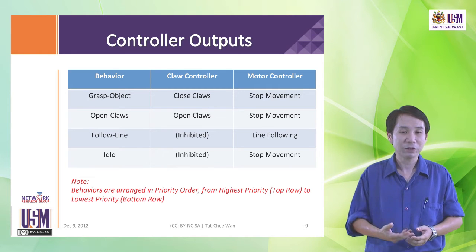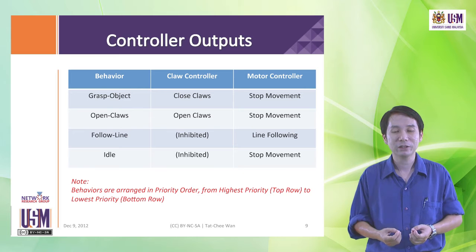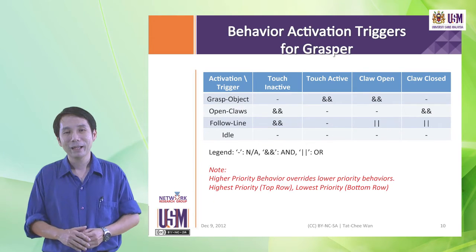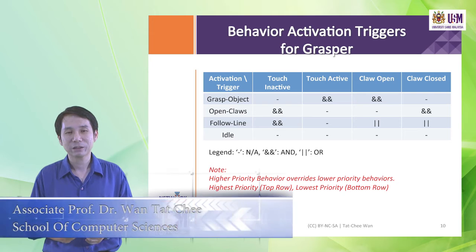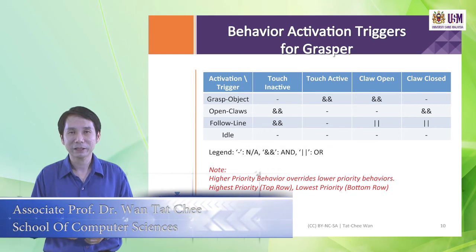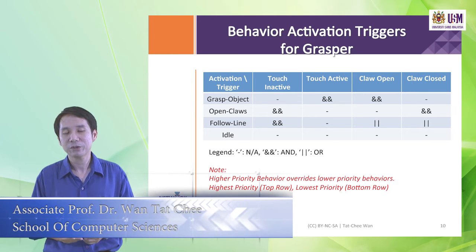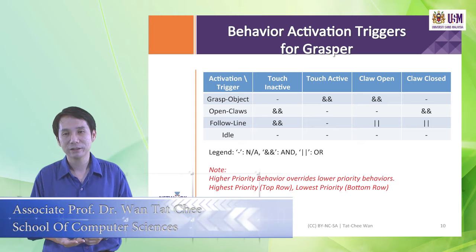Now, these behaviors are arranged in priority order from the highest priority at the top row to the lowest priority in the bottom row. In this table, we see the behavior activation triggers for the various behaviors. For example, for the grasp object behavior, when the touch is active, meaning there's an object being sensed by the touch sensor, and the claws are open, the grasp object behavior will be activated.